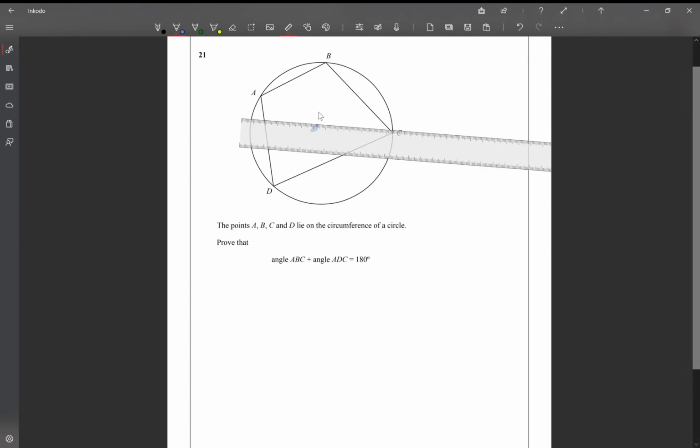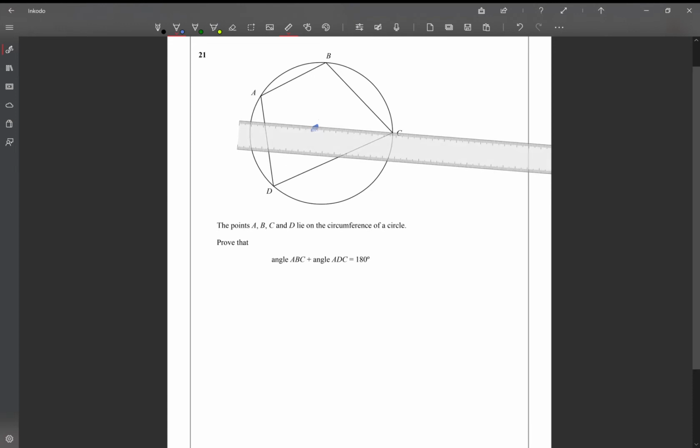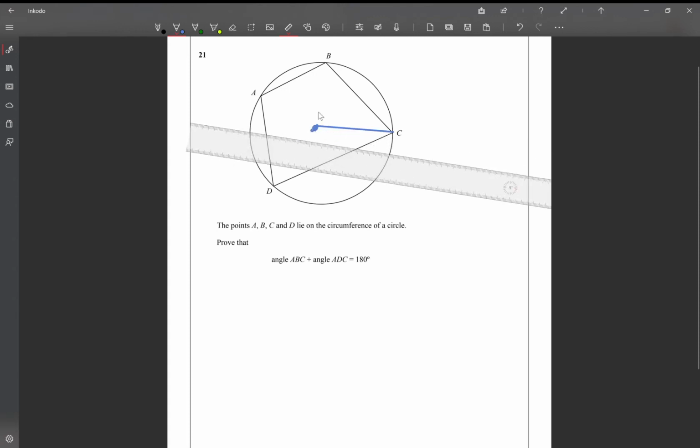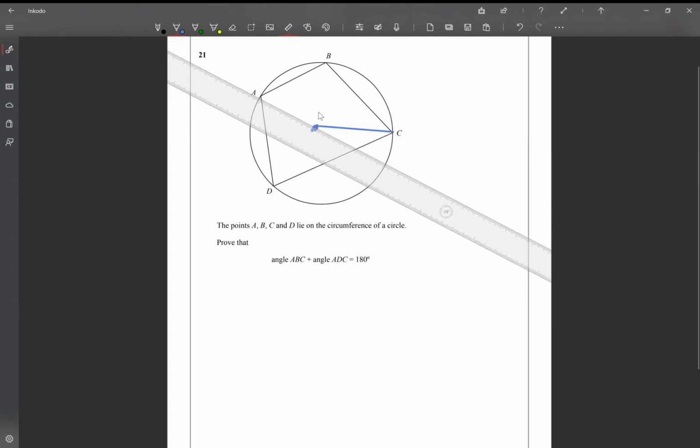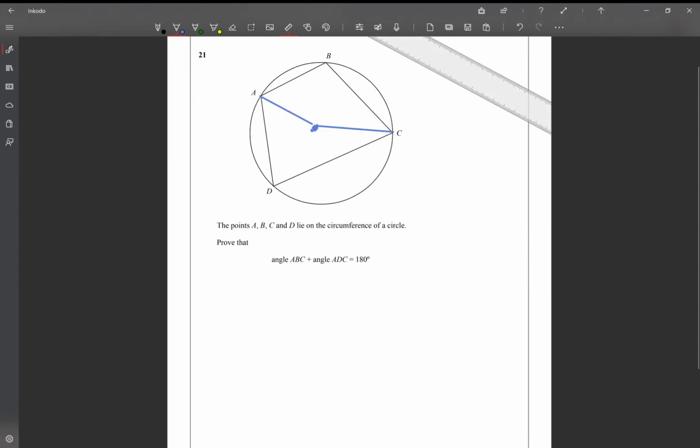Often on these circle theorem questions, they'll have a dot in the middle, and you will need to use it, because a lot of circle theorems use the middle. That's just to visually show you that we've got an arrow here and also an arrow here.